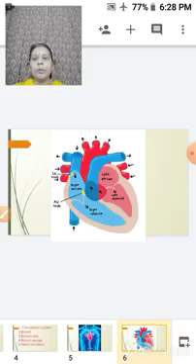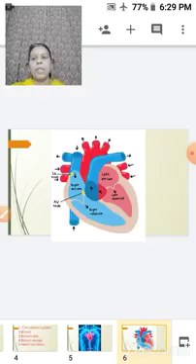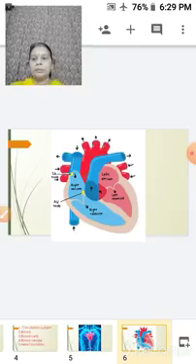It is triangular in shape and very powerful. It is muscular, as it pumps the blood to each and every part of the body. The function of the heart, as I said, is to pump the blood. It beats about 60 to 80 times per minute.